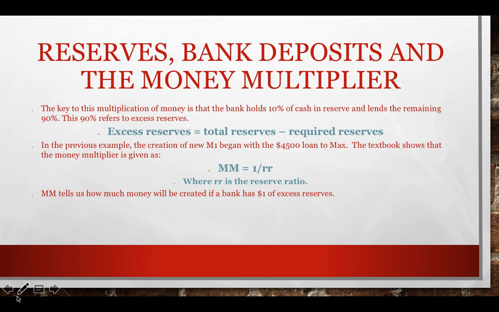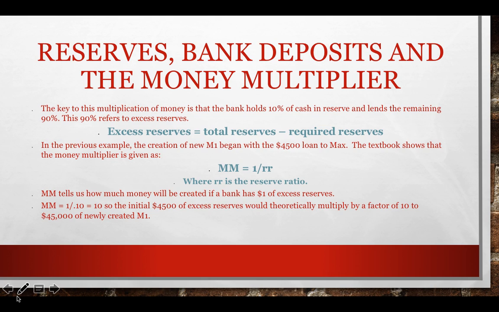So the money multiplier is 10. This tells us that for every dollar of excess reserves, $10 of money is going to be created. So the initial $4,500 of excess reserves would be multiplied by a factor of 10 to create $45,000 of new M1 money, okay? And this is how banks create money.